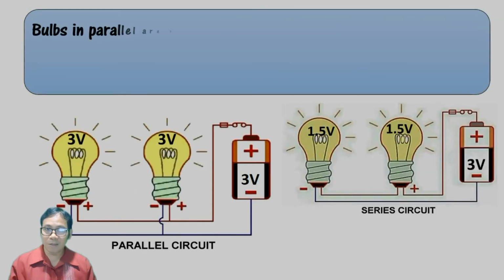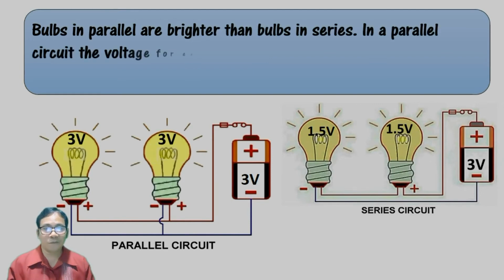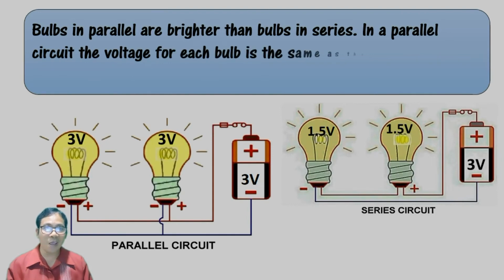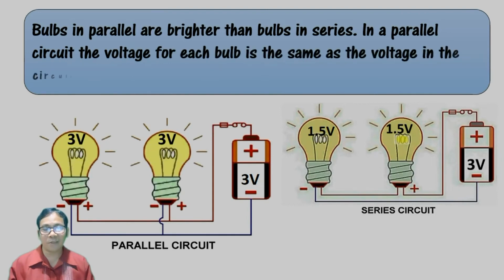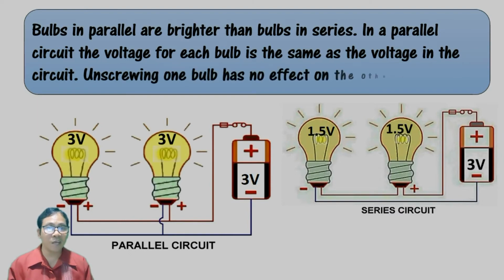Bulbs in parallel are brighter than bulbs in series. In a parallel circuit, the voltage for each bulb is the same as the voltage in the other circuit. Unscrewing one bulb has no effect on the other bulb.